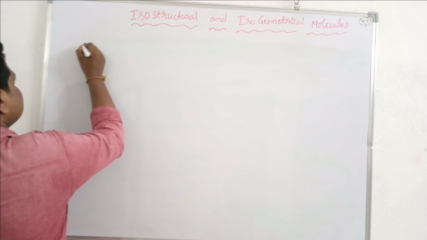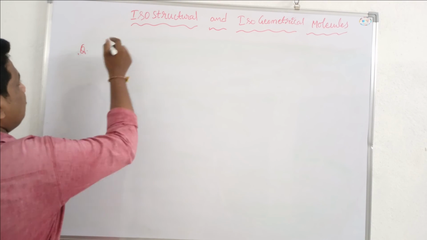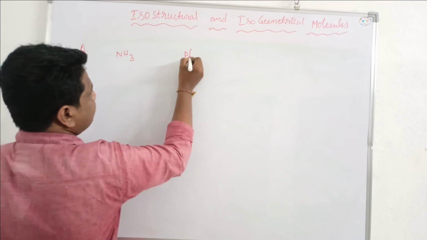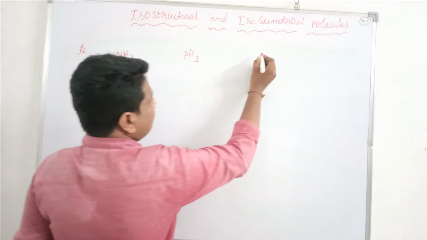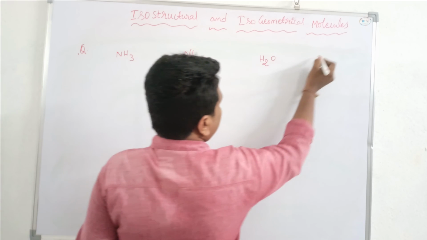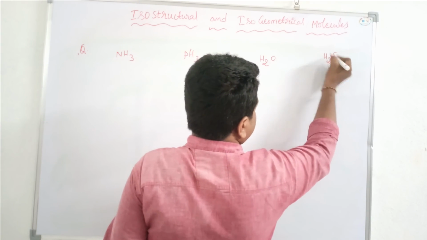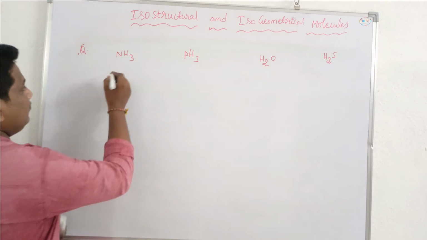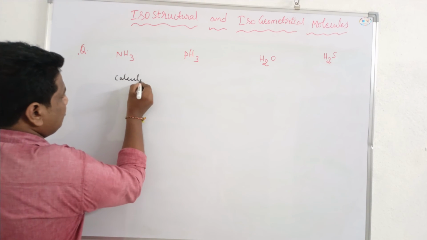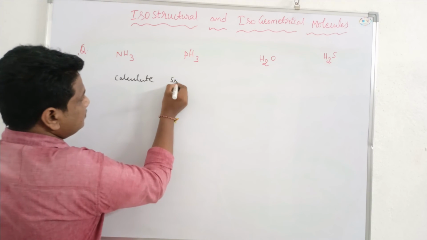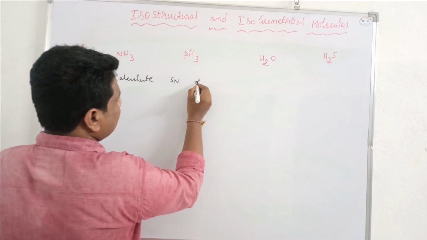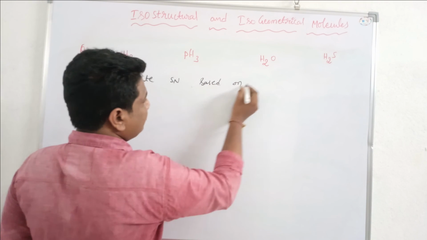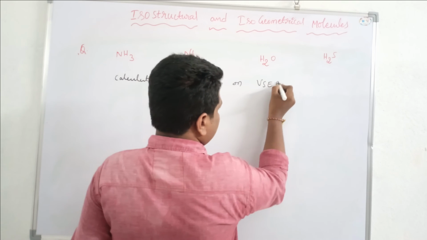So the question is: NH3, PH3, H2O and H2S. Calculate the steric number based on VSEPR.